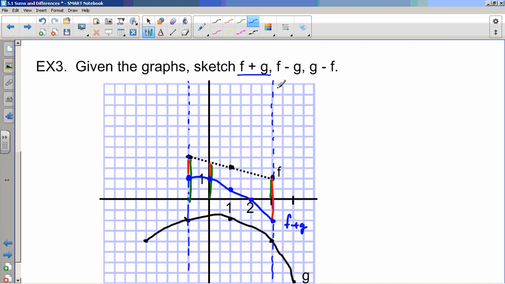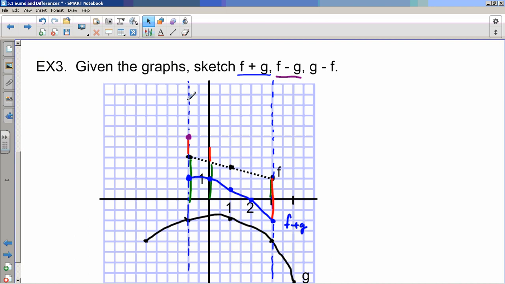Okay, and then I want to do f minus g. So green, aha, see, this is what I was starting to do originally. Green minus negative 2 is adding 2. The first point's going to be up there. Green minus 1 and a bit.